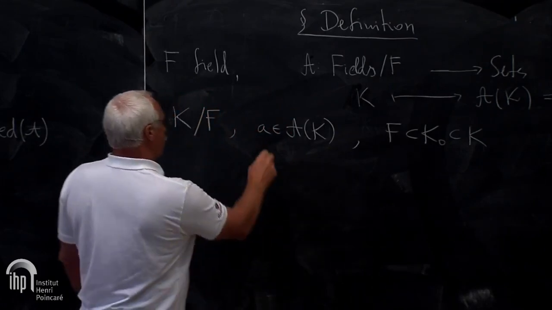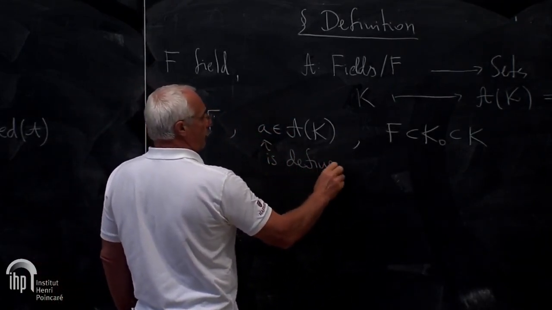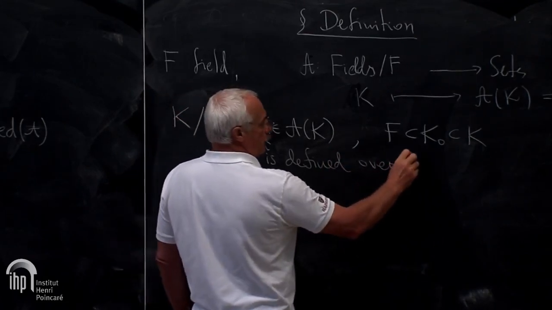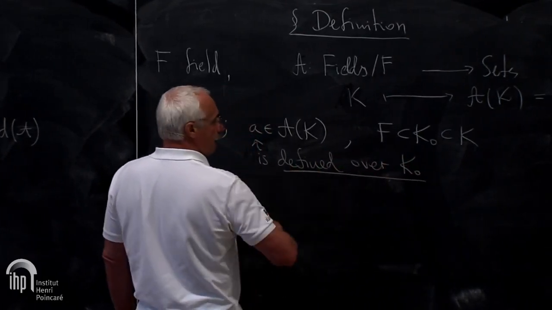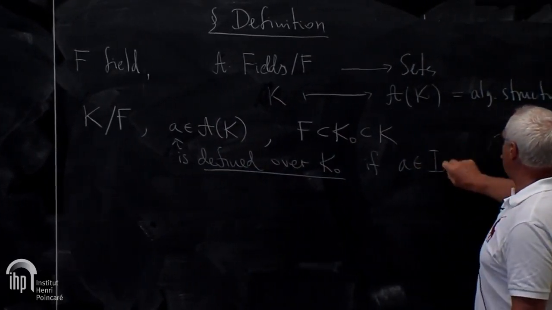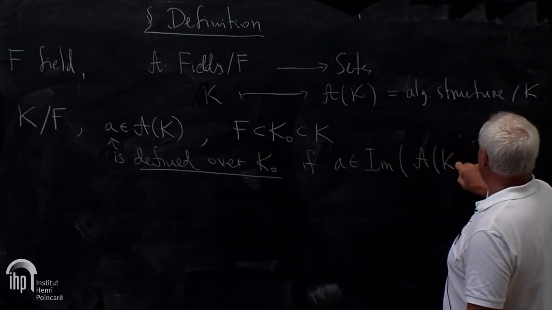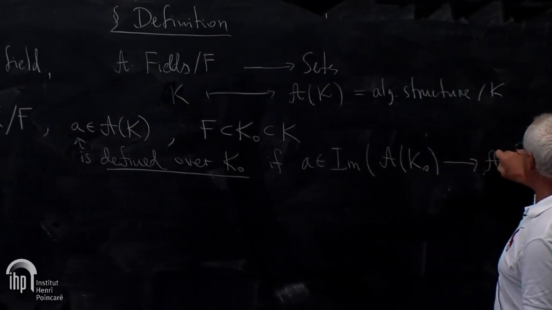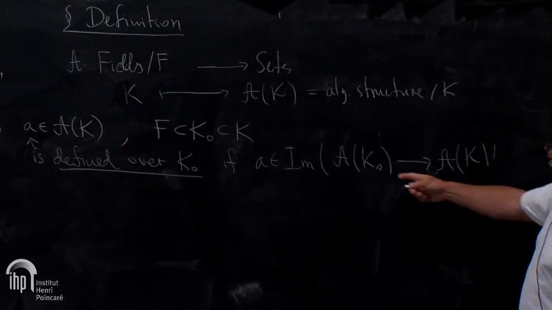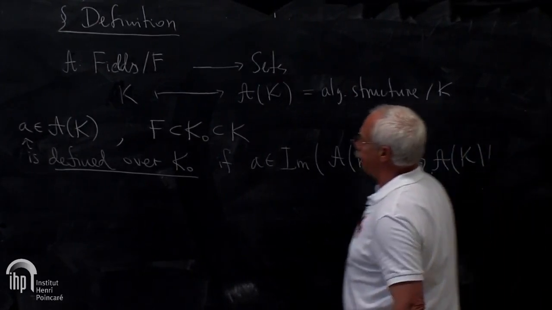So we say that A is defined over this intermediate field K0 if A belongs to the image of the map from A of K0 to A of K. So it comes from some element which may not be unique over K0.